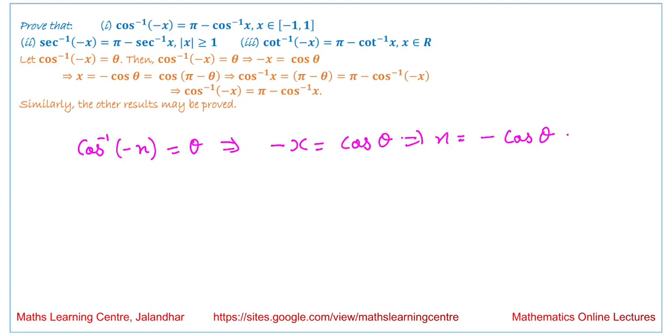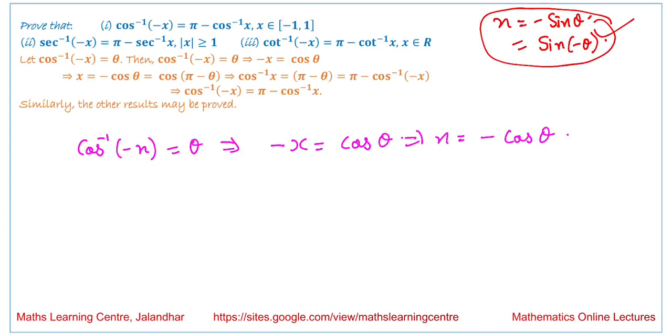Now when we were talking about the sine function, we obtained x is equal to minus of sine theta, and we wrote it as sine of minus theta, and it solved our problem. But now in this case we cannot shift this minus sign inside, but what we will have is cos of pi minus theta.